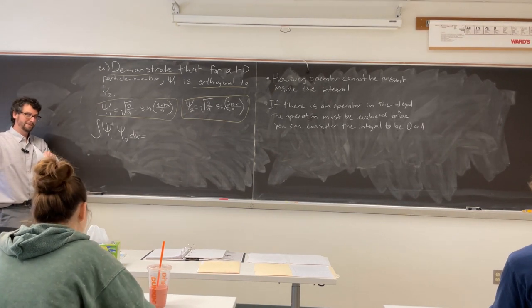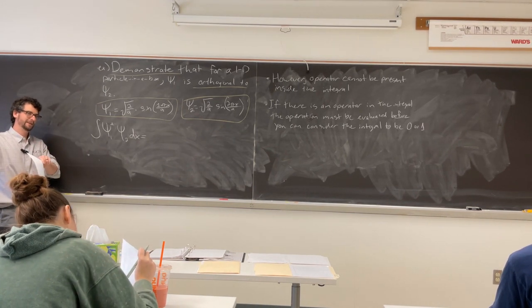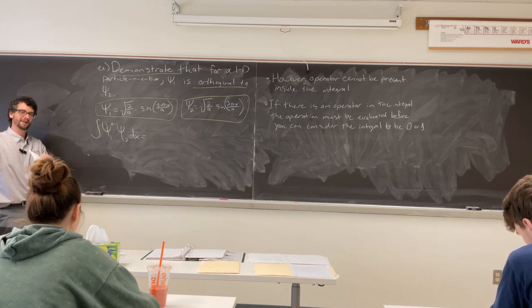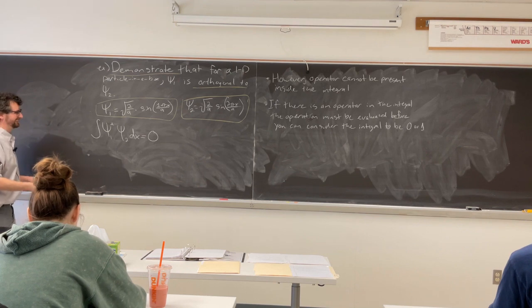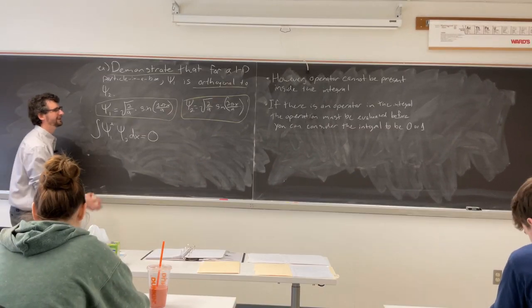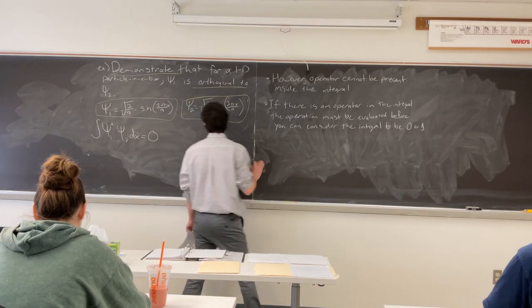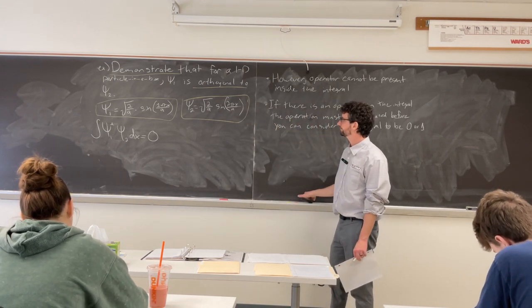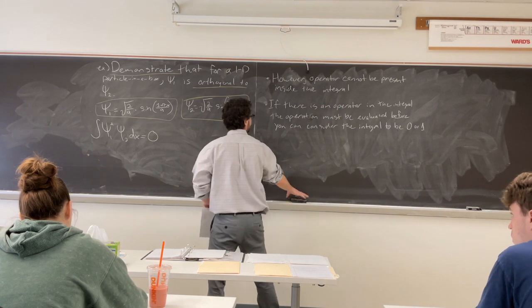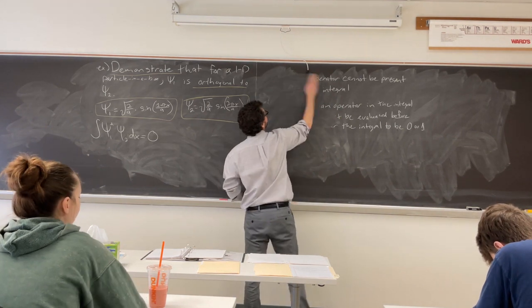If they are the same function, what's the value of it? 1. So 0. I love having 2 answers. That's all you have to worry about. 1 or 0. Okay. So we have to show that that's true. Let's move over here.